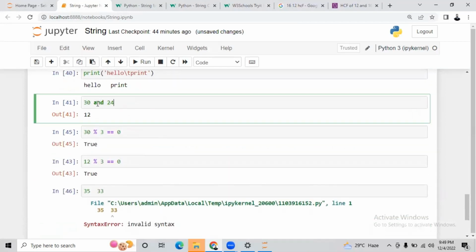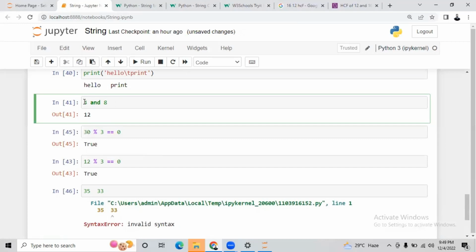When we are talking about 30 and 24, can the HCF be greater than 24? No. Now, what is the HCF of 4 and 8? 4. It will be 4, no? Varun, what will be the HCF of 4 and 8?